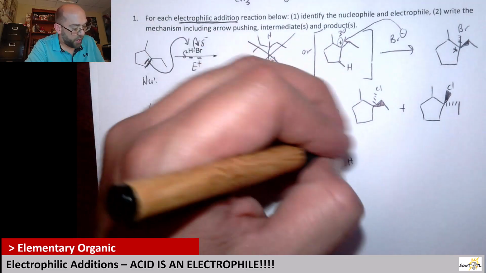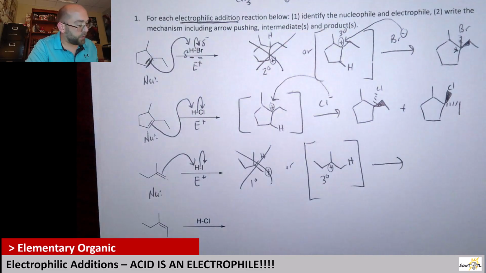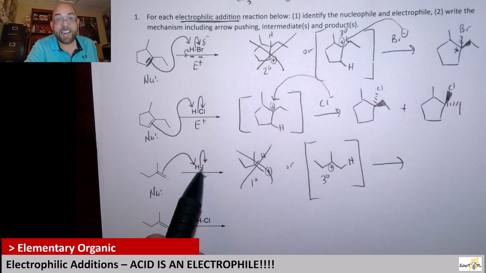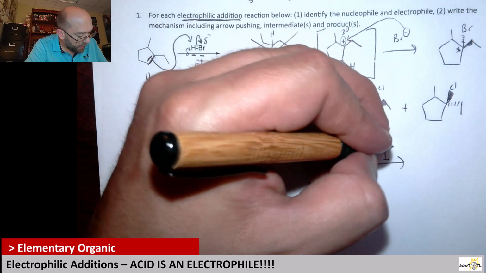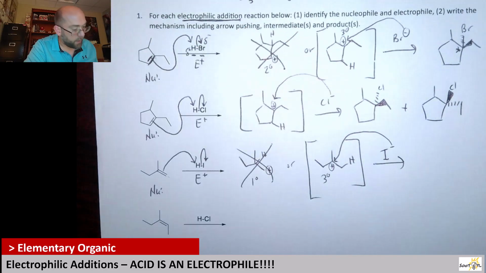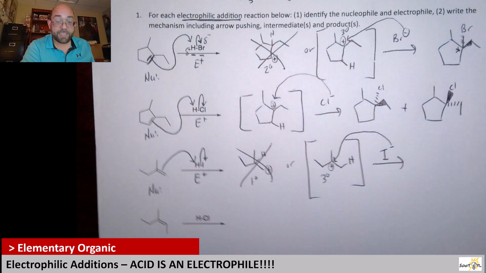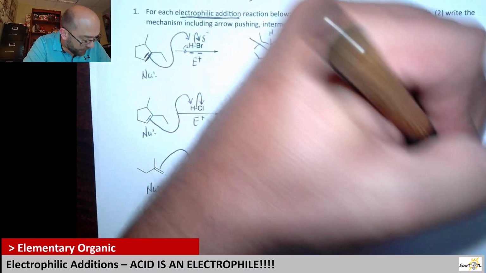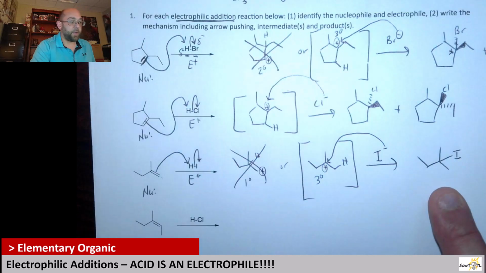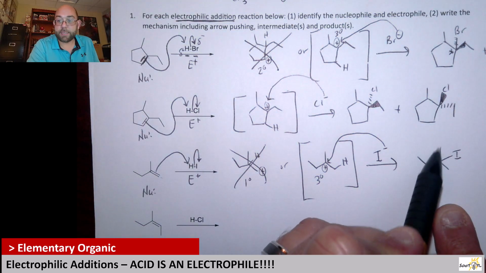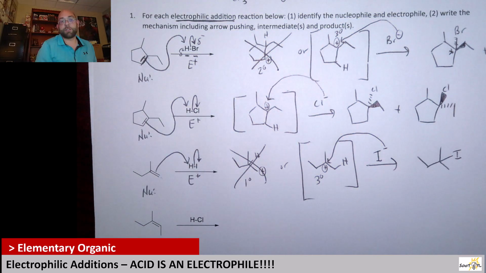Don't give me that, Clarence. All right, and so what does that mean? That means the iodide ion that we made over here can now come back and attack that positive carbon. Now, in this case, I'm not going to worry about making a racemic mixture of anything, because if you notice, this isn't a new chiral center because that's got two methyl groups there. So I'm just going to leave it as that's my product, and I'm done.